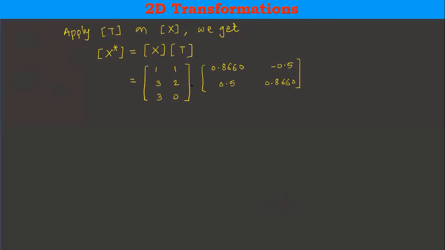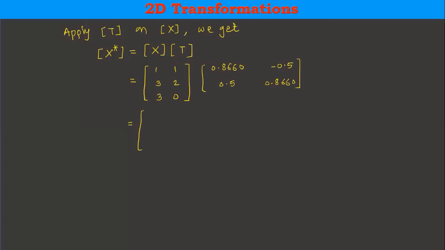Now if you do this matrix multiplication by the manual method, it is quite difficult, so we are doing this multiplication using the calculator. First you need to enter these two matrices in the calculator. Listen carefully to how to enter the matrix and how to take a matrix multiplication using the calculator. I'll explain it here once again.